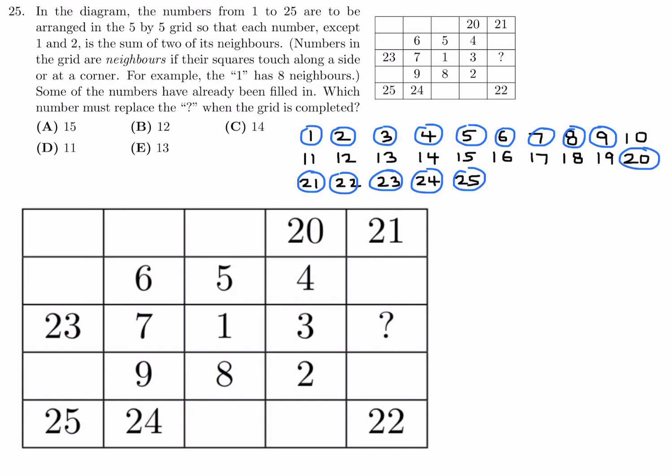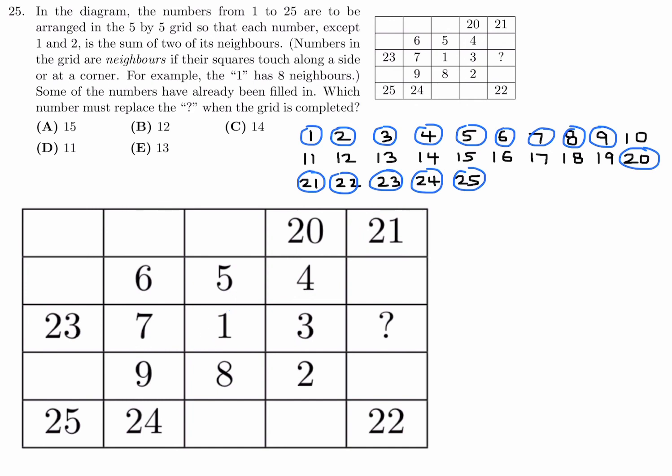Let's proceed with this. First, let's do the ones that are the easiest, and I'm going to start right here. 21 can only be made with the sum of its neighbors, and these are the neighbors, this guy and this guy. Well, we only have three choices. 20 plus 1 could give you 21, but 1 is not a neighbor, and I can't put 1 here because 1's already been placed.